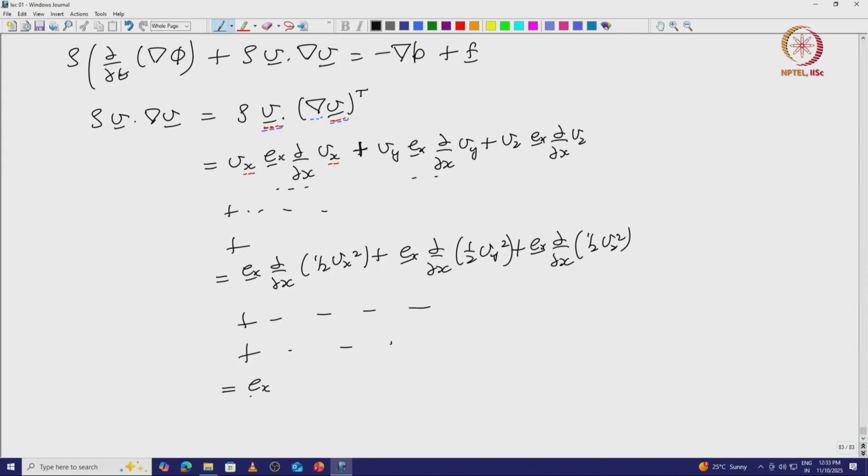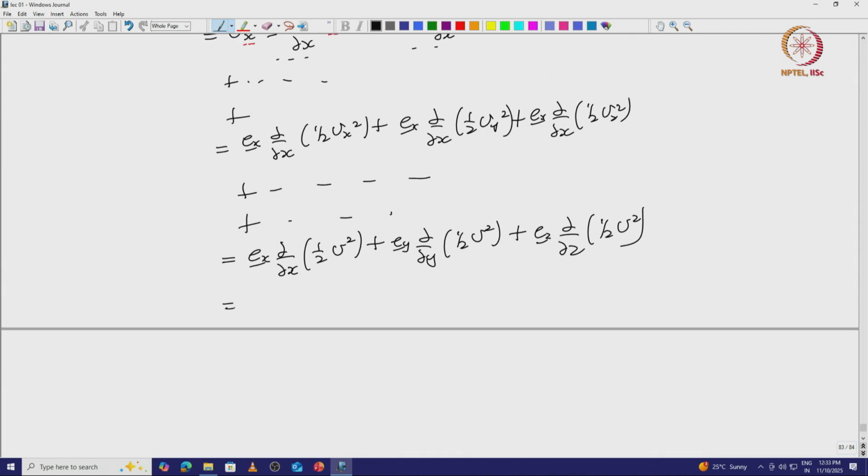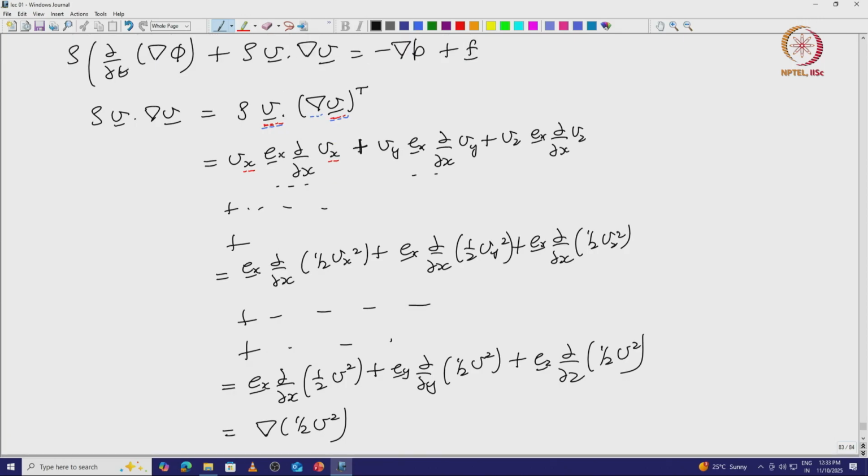So I will get Ex partial of half V square, plus d by dy of half V square, and so on. And this, as you can see quite easily, is just equal to the gradient of half V square. I am sorry, I missed out a factor of rho everywhere. So the density has to be there in all of these terms.